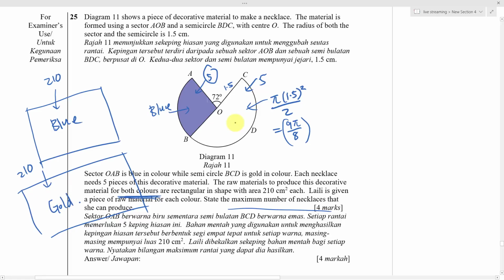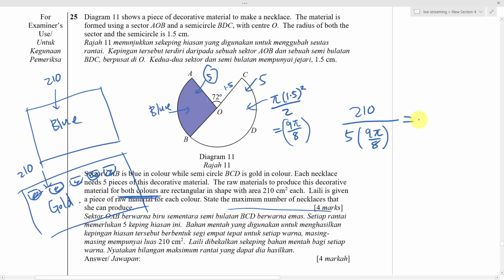Because this gold one, I'm going to cut into semicircles, right? I need to cut a lot of semicircles here, and I want to know how many semicircles I can cut. So I will use the 210 divided. In order to make one necklace, I need 5 of them, that means 1, 2, 3, 4, 5. I will need 5 of them to make one circle. So I will do 5 times 9 pi over 8.